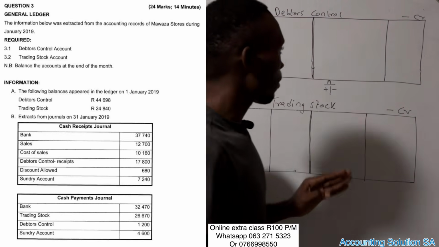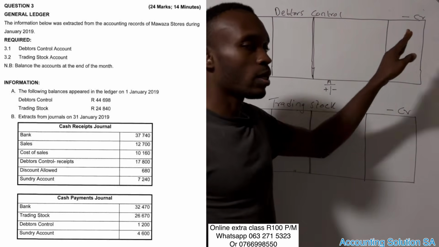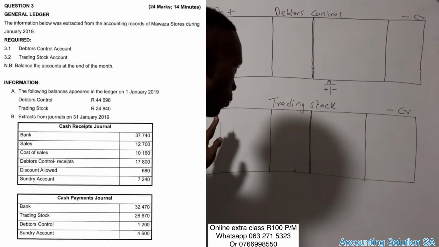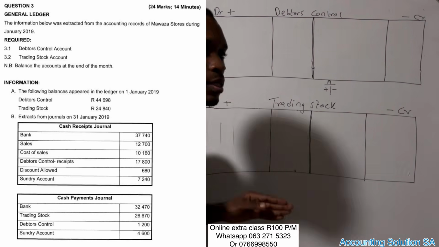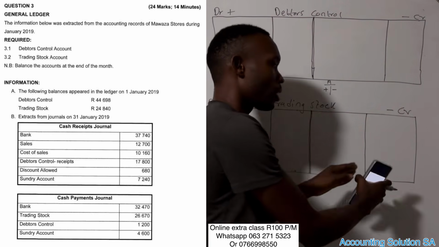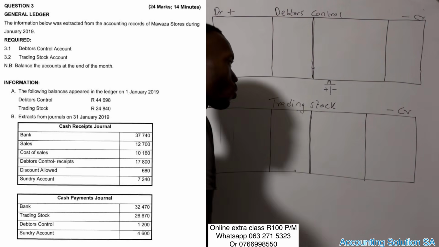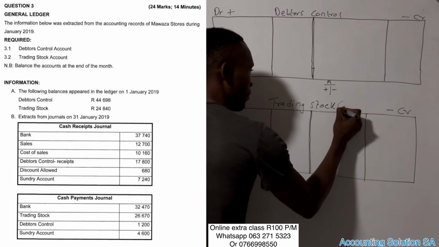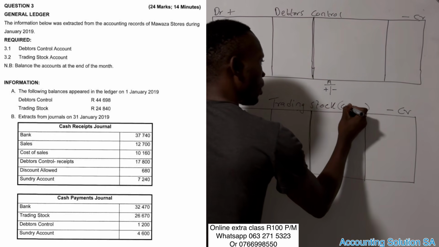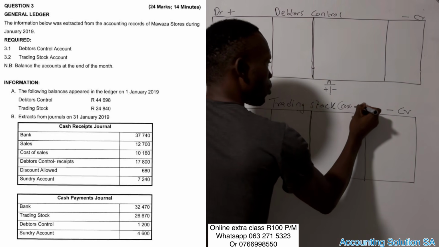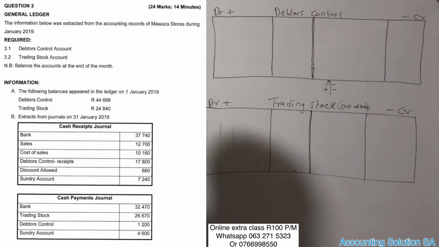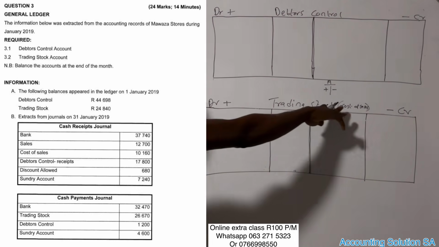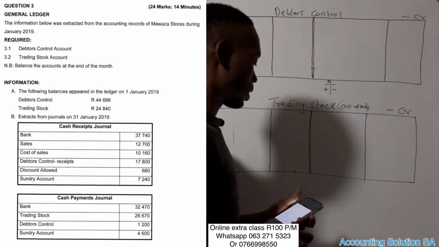Remember, on this side we have to use the selling price. When stock is purchased it increases on this side, when it is sold on this side. And here, in trading stock, I want to emphasize, you must use the cost of sales. Don't use the selling price. Mark my word, you will see it when we get there.